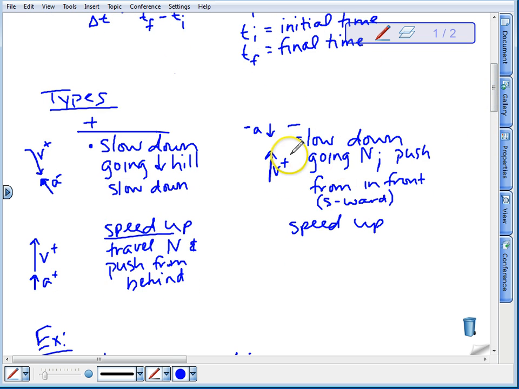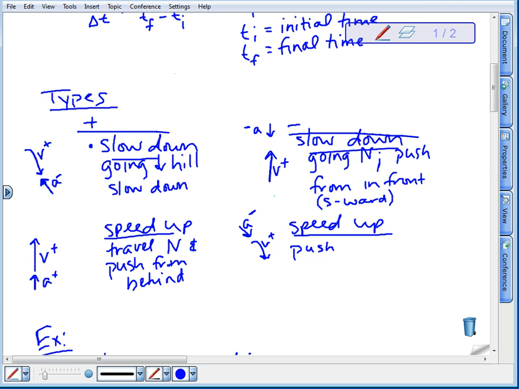But a negative acceleration can also help us speed up if, for example, we're going down that hill and someone comes along and pushes us down faster.